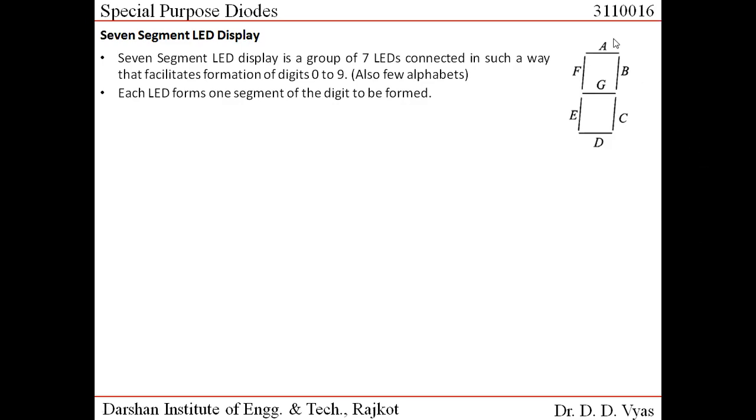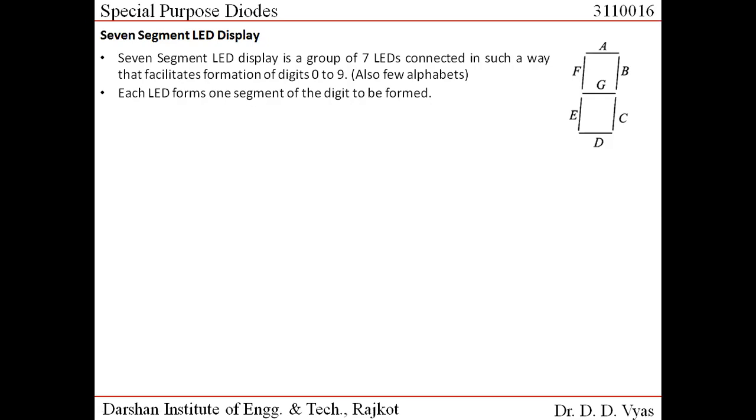The structure of a 7-segment LED looks something like this. It is in the formation of 8. And A, B, C, D, E, F, and G represent the 7 segments. Each segment is formed by one LED, and hence it is called a 7-segment LED display.